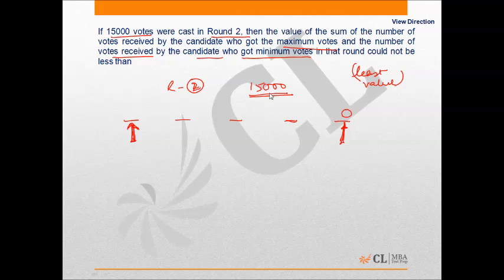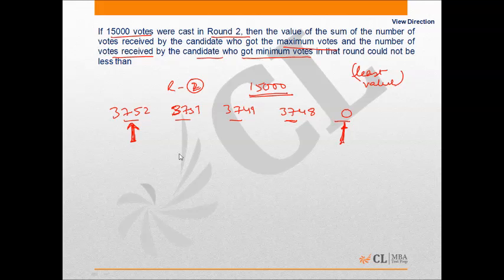Hence I will split this 15,000 into 4 values such that all these values are as equal as possible. If you do so, you will get 3752, then 3751, 3749, 3748 as the respective number of votes received by these 4 candidates.